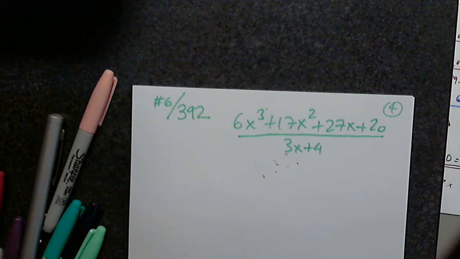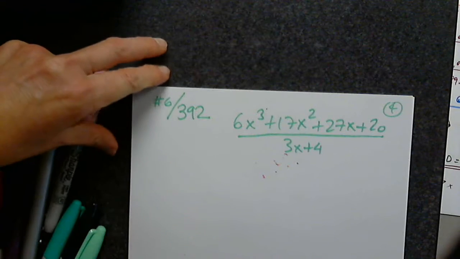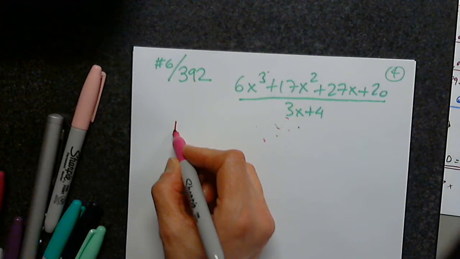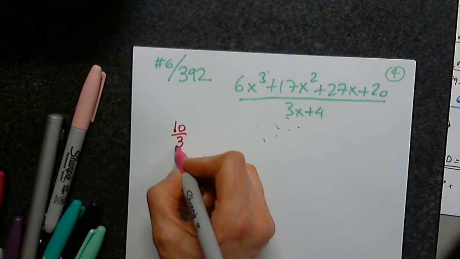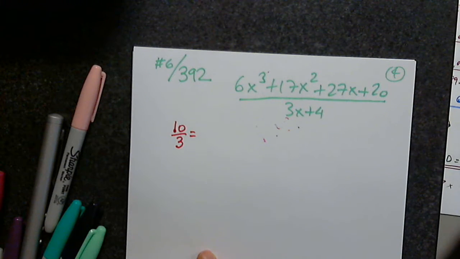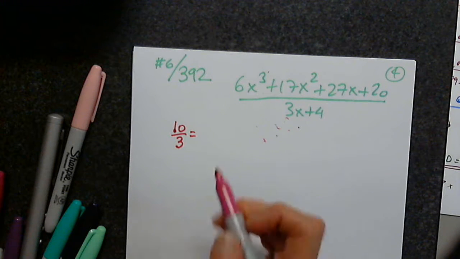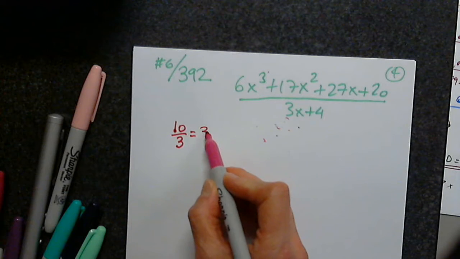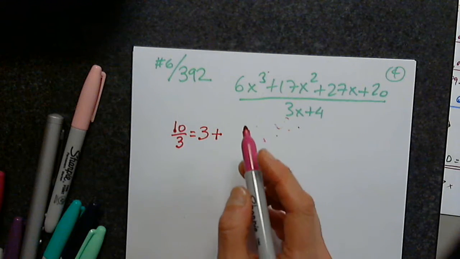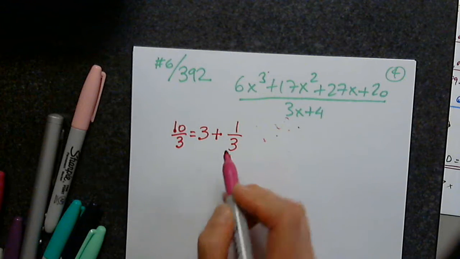Before we do this, we have to talk about the following. Let's say I want to divide 10 by 3. What do I write as the answer? So 10 divided by 3 is 3 integers plus a remainder of 1, 1 divided by 3.